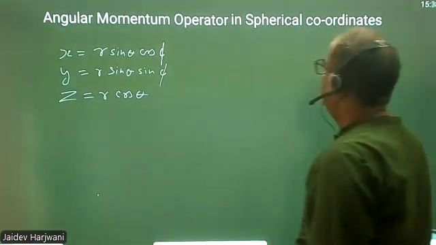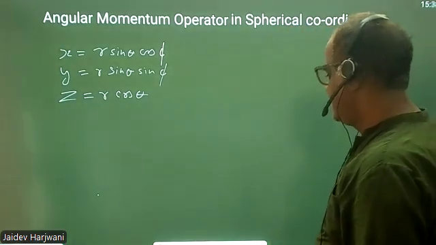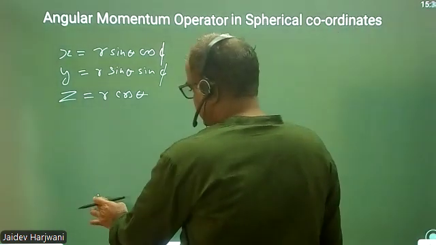Now that we know these relations, we can calculate the representation of the angular momentum operator in the spherical coordinate system. So let us do it.